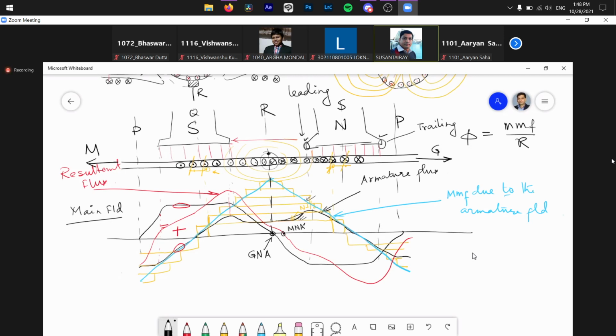In case of generator, it is the leading pole tips of the North Pole. And in case of motor, it is the trailing pole tips of the North Pole. If I take only the North Pole, then we can conclude like that only, তাই না?